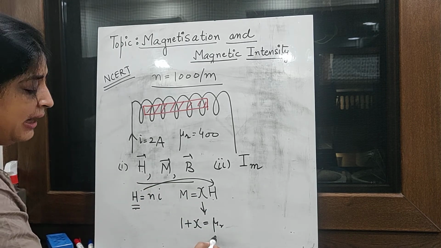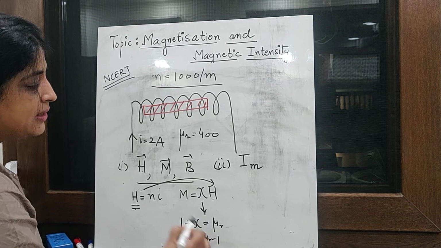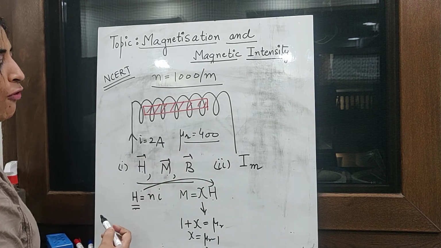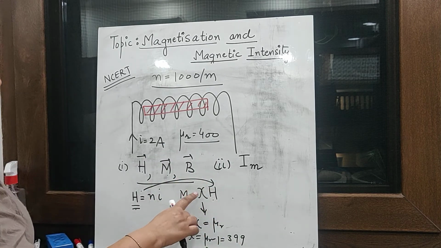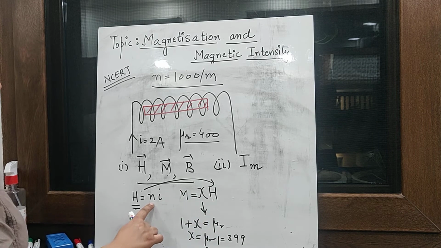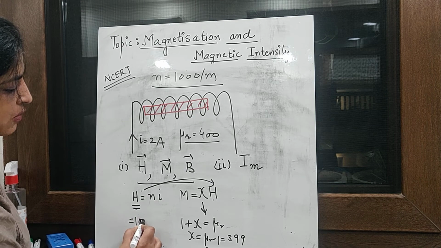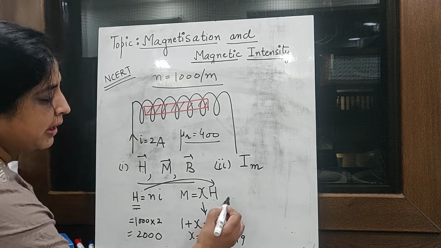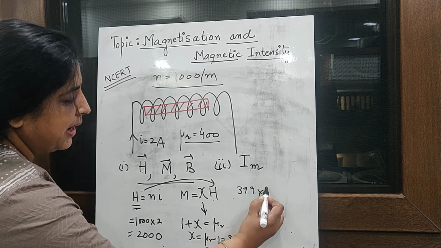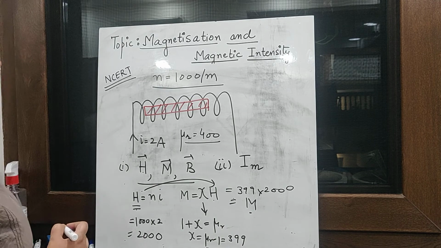So if you want to find chi, it will be mu r minus 1. Relative permeability is 400, so 400 minus 1 will be 399. So 399 multiplied by whatever value you get here. It is very simple. N is 1000 and I is 2, so the answer will be 2000. Here you can multiply 399 by 2000 and you will get some answer. That will be the value of M.